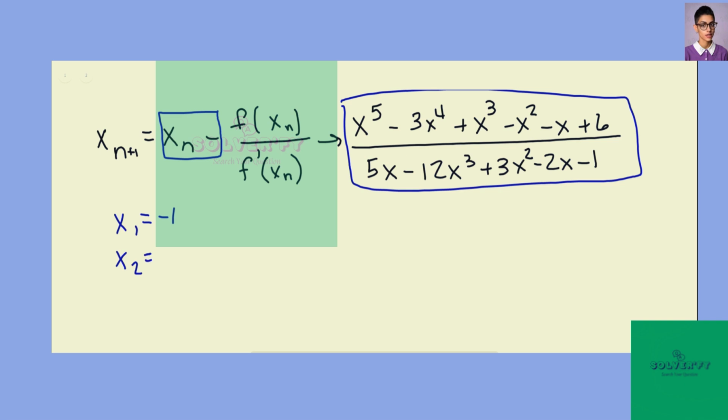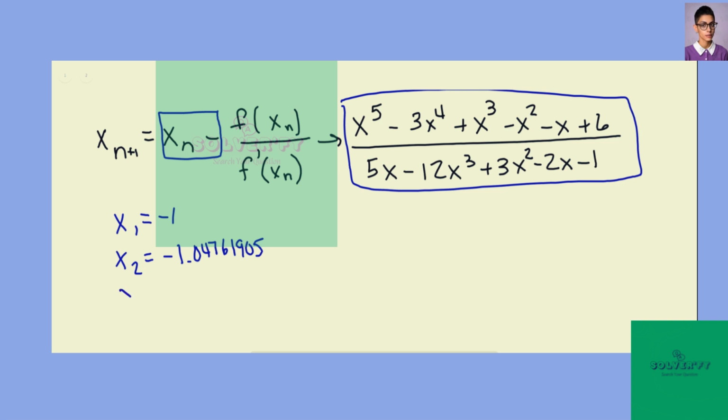So x sub 2, and I had to go in and hit the mode button and change the decimal to 8 decimal points. So -1.04761905. So then that becomes my new input for x.